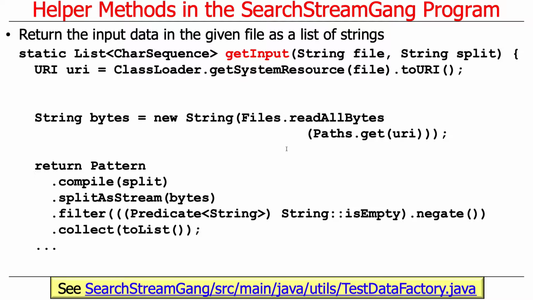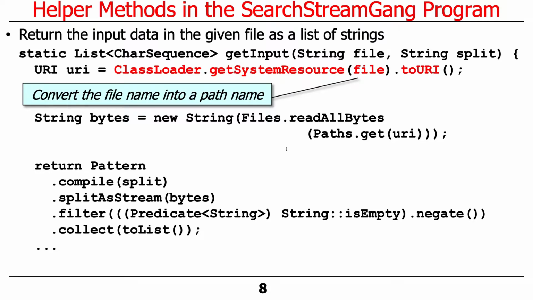So here's getInput. This is going to read the file into a list of strings, and so this is going to return a list of char sequences as a single result. What this does is it reads in the file, and it converts the file name into a path name by using something called getSystemResource.